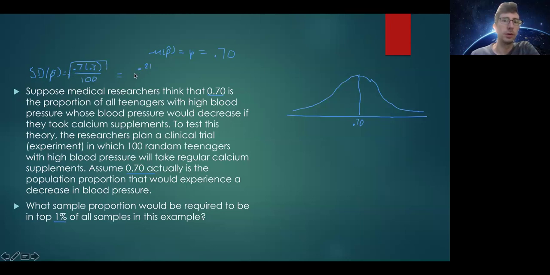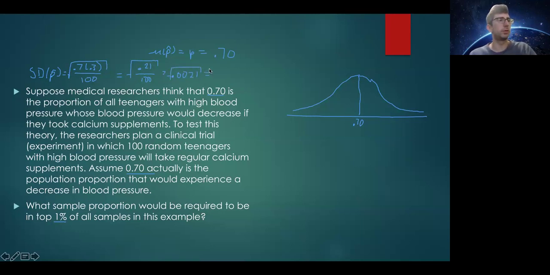So 0.7 times 0.3 is 0.21. If we divide 0.21 by 100, we just move our decimal place over 2 spots, so we get 0.0021.